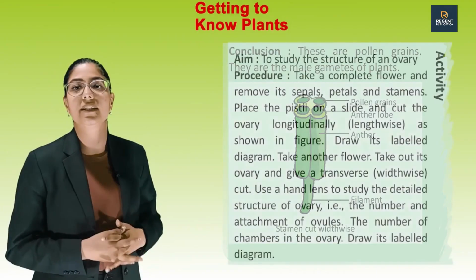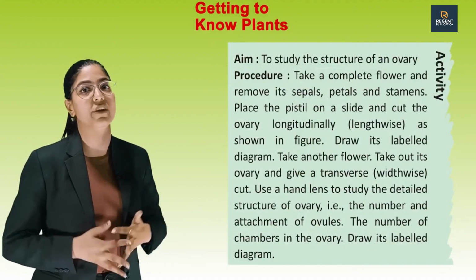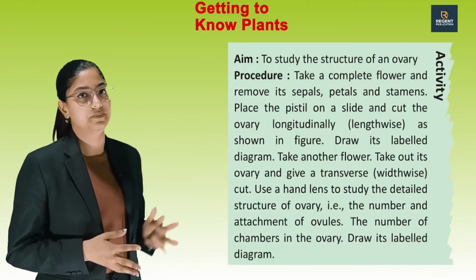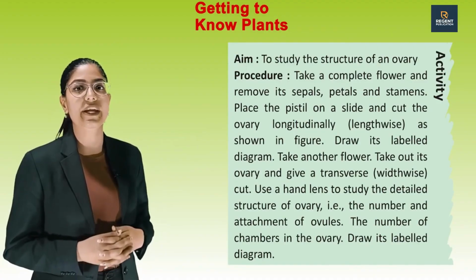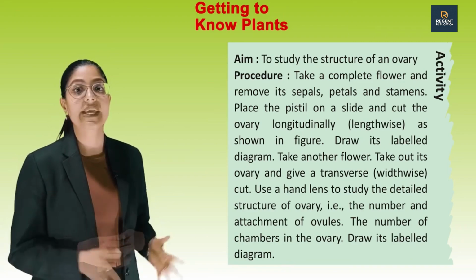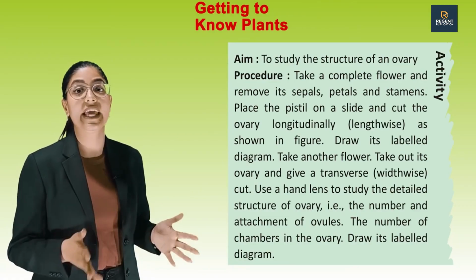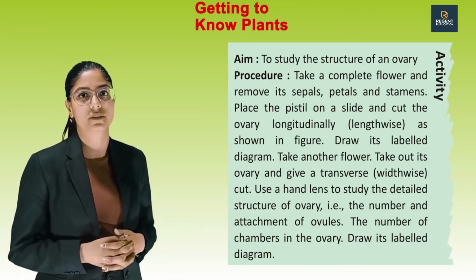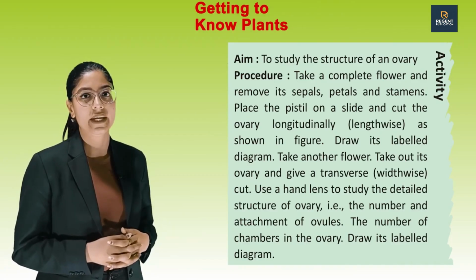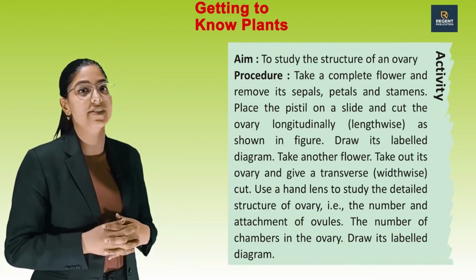Let's see another activity. Aim of the activity: to study the structure of an ovary. Procedure: take a complete flower and remove its sepals, petals and stamens. Place the pistil on a slide and cut the ovary longitudinally, lengthwise as shown in the figure. Draw its labeled diagram. Take another flower, take out the ovary and give a transverse cut.